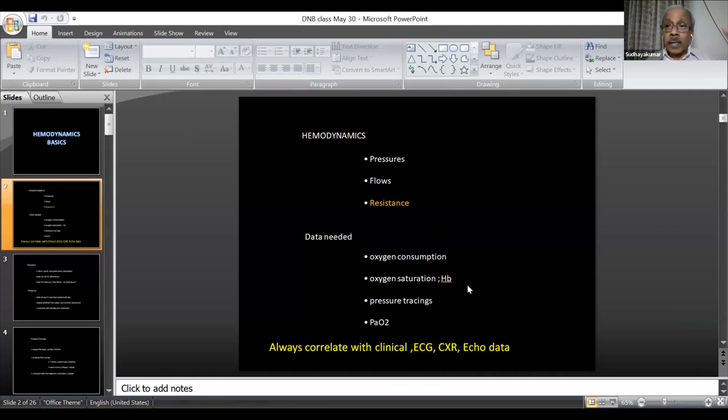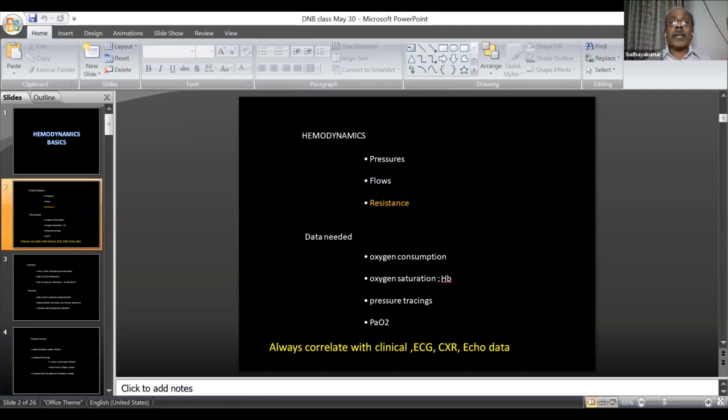Then the oxygen carrying capacity, because oxygen is carried by the hemoglobin as well as dissolved oxygen in the plasma, which will be determined by the partial pressure of oxygen. Then you should have the pressure tracing, but always correlate with clinical ECG, X-ray, and echo data.